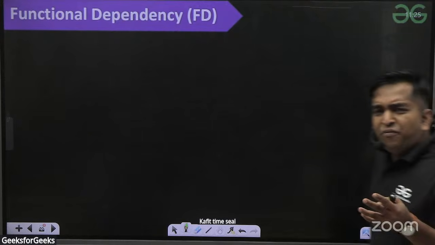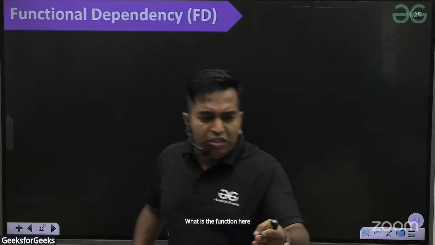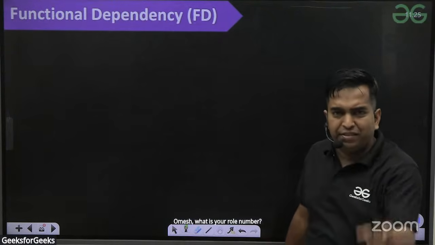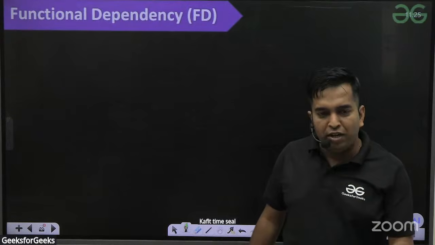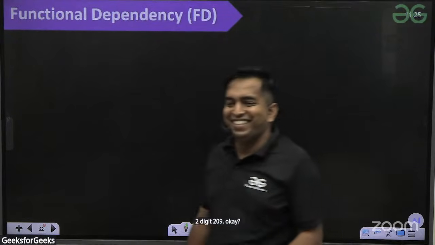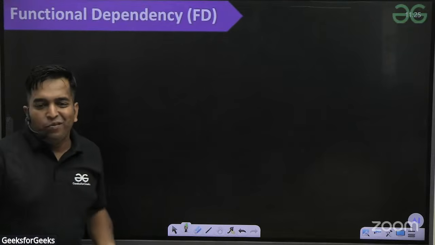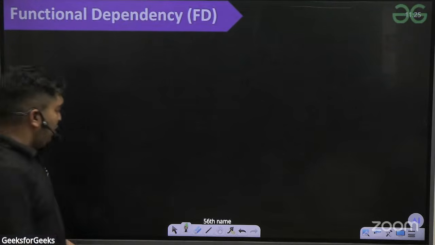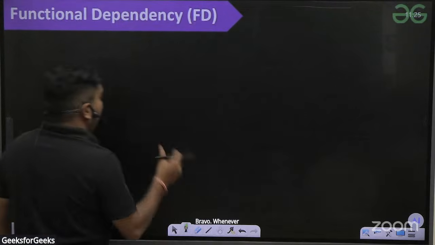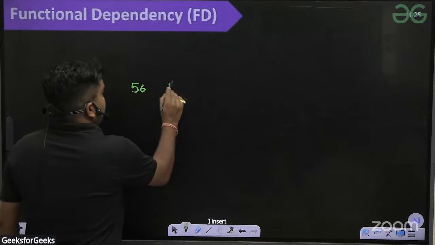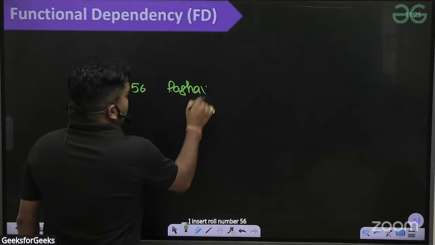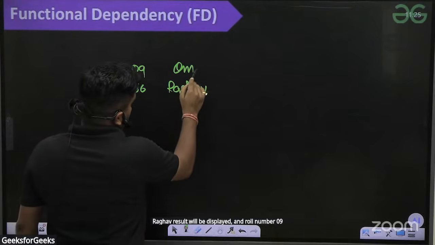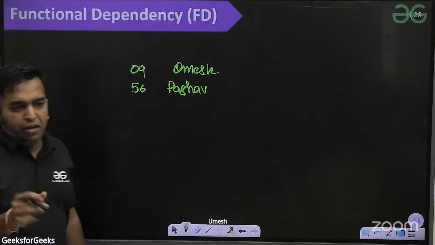Okay, what is the function here? What is the name? Umesh. What are the last 2 digits of your roll number? 09. And yours? 56. Name? Raghav. Whenever I insert roll number 56, Raghav's result will be displayed, and for roll number 09, Umesh's result will be displayed.